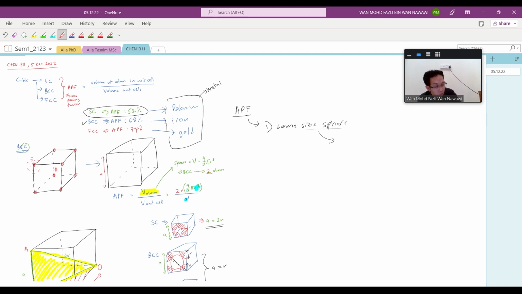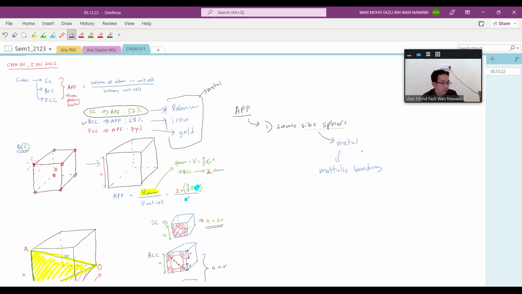So that's why we see metal here, because the bonding in metal is metallic bonding. We have learned this metallic bonding before.